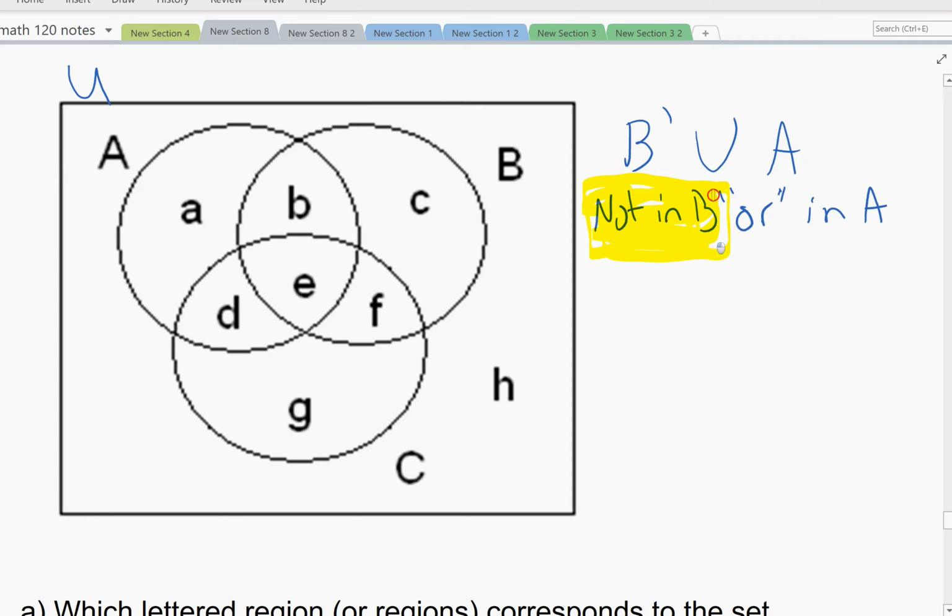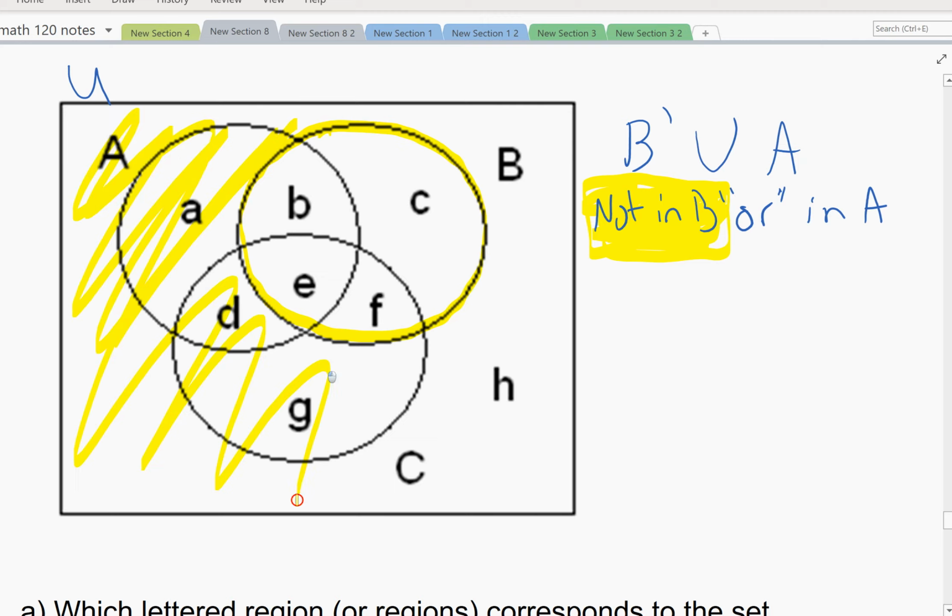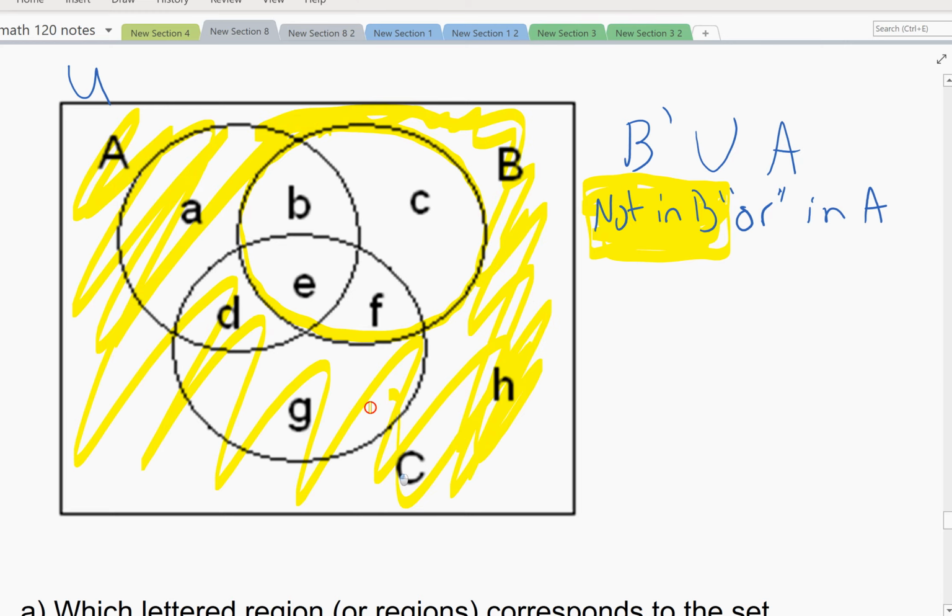All of the regions not in circle B. This is my circle B, that's the edge of my circle B, and I want everything not in circle B. So I'm going to highlight everything outside. It's all of the regions outside of circle B, and right now that would be A, D, G, and H. Those are the regions not in circle B.